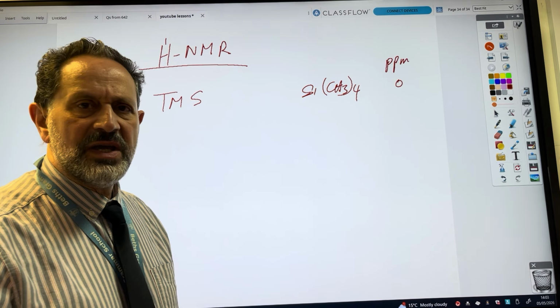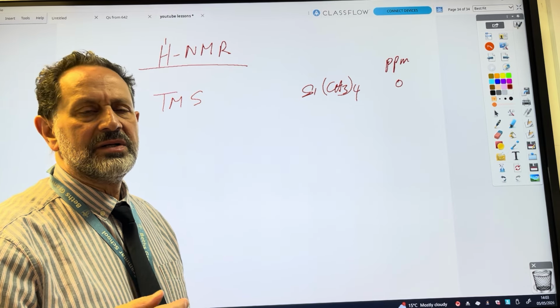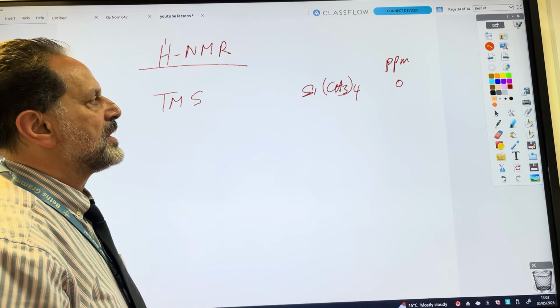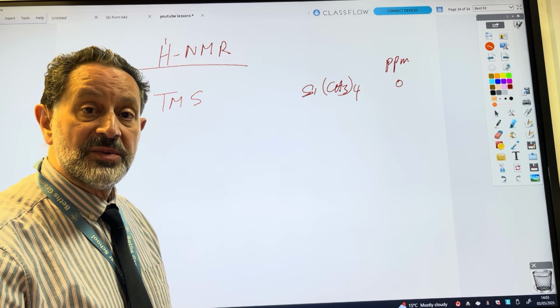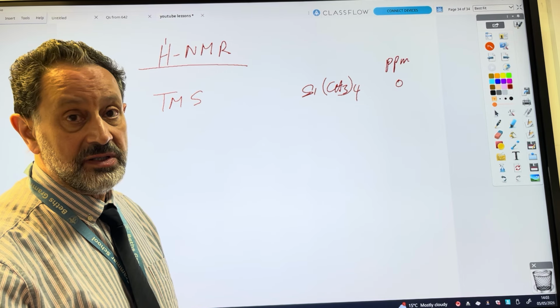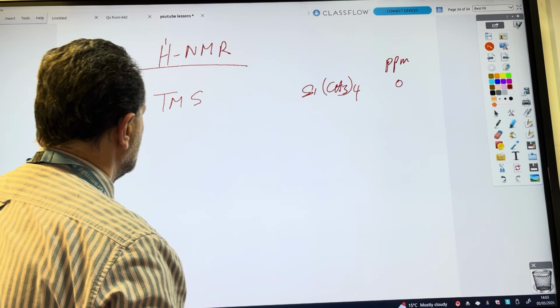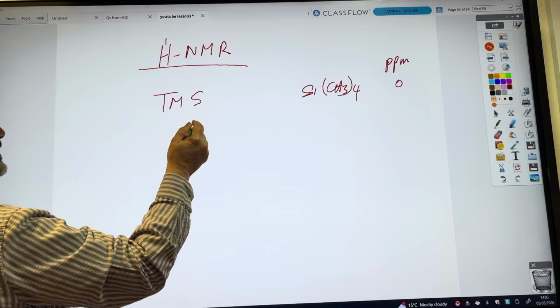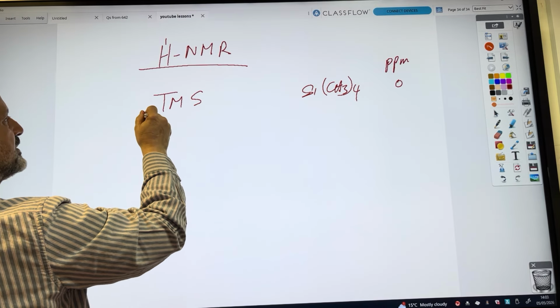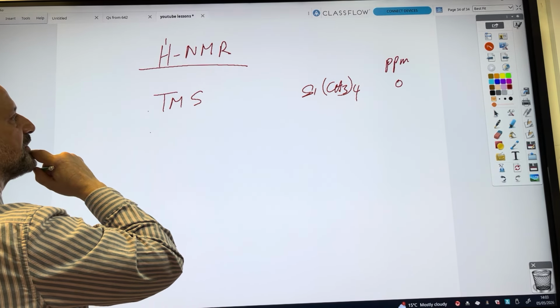It is basically used for calibration of the machine, and if that goes on ppm 0, then it means everything else would be read correctly as well. So that's internal standard. They usually give you 1 mark for that.